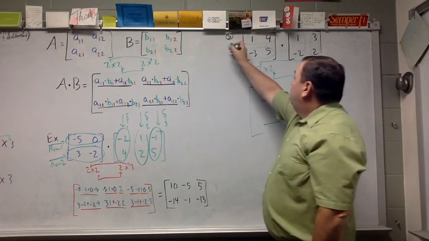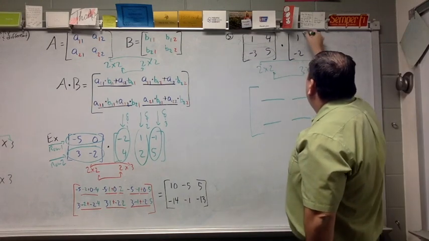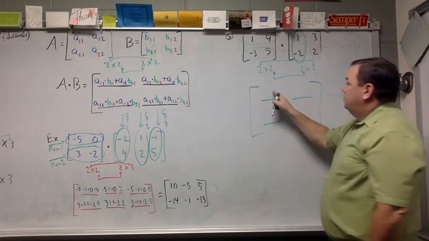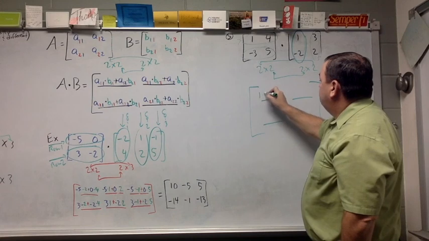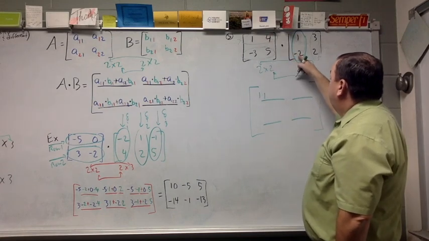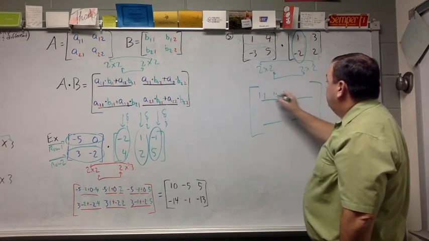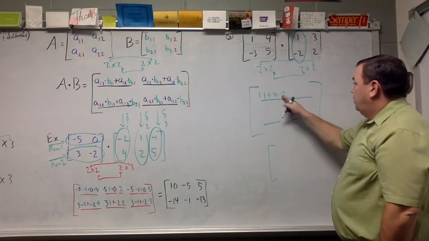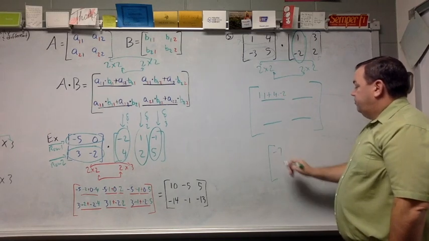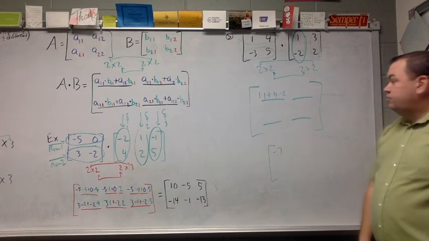So I'm going to work row 1, column 1. So I take 1 times 1, 4 times -2, and I'm going to add those up. And that's going to get me the -7.